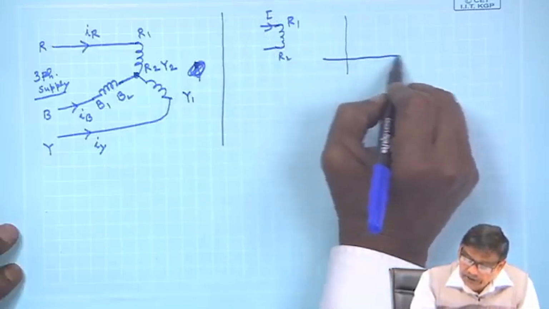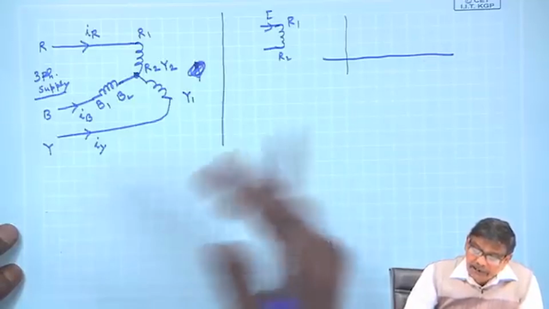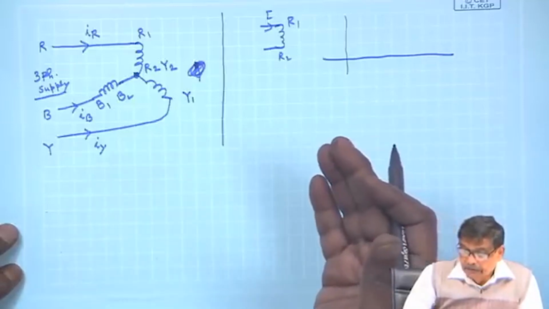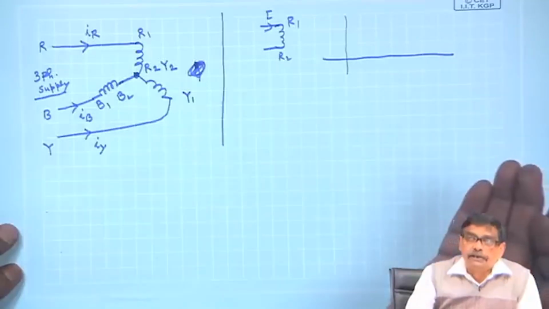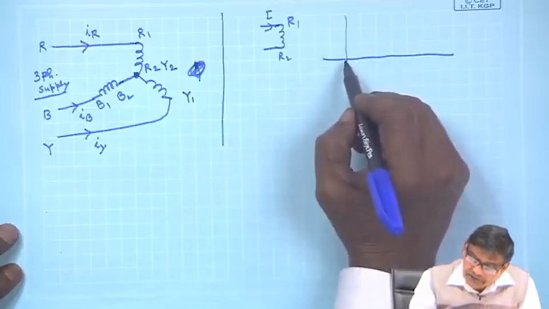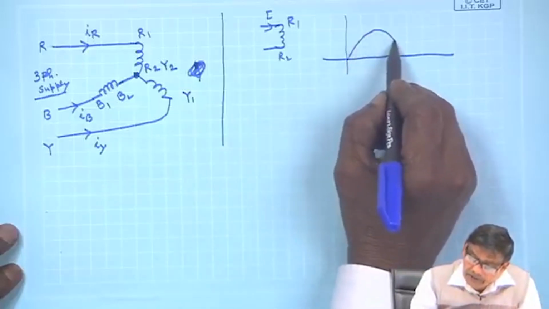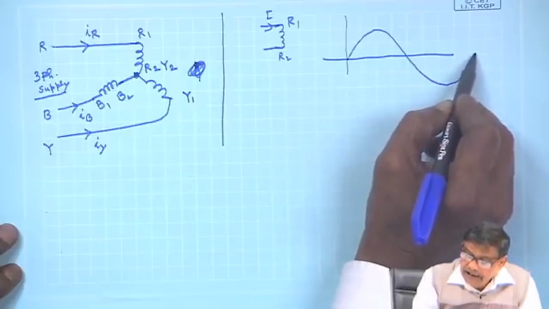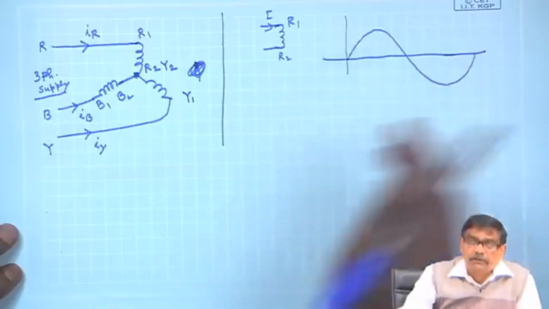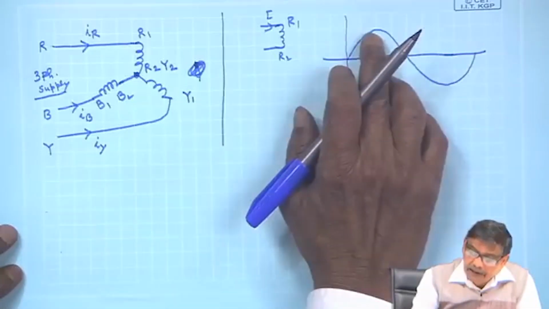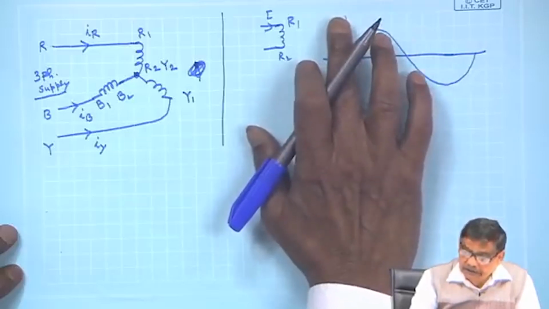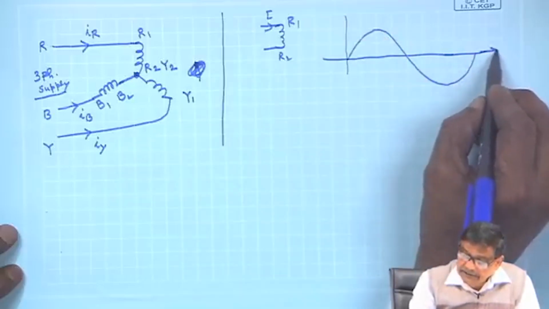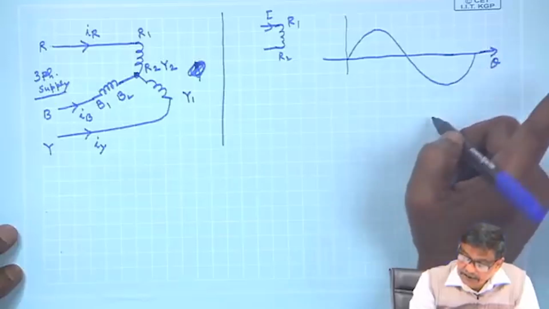It will make a space distribution of B. If you consider only the fundamental component, it will have a peak value of this B. Here theta is the space angle.